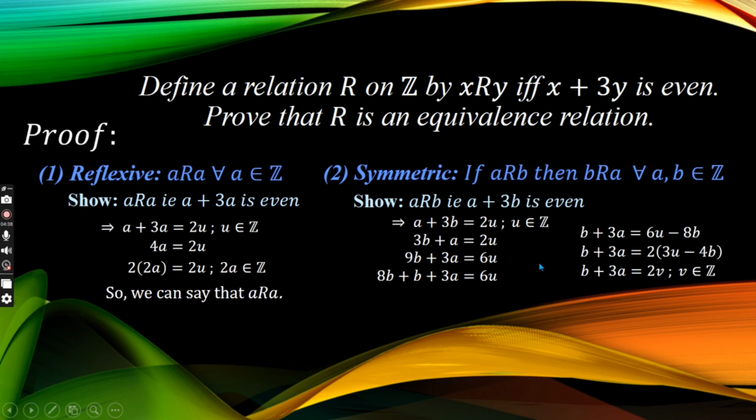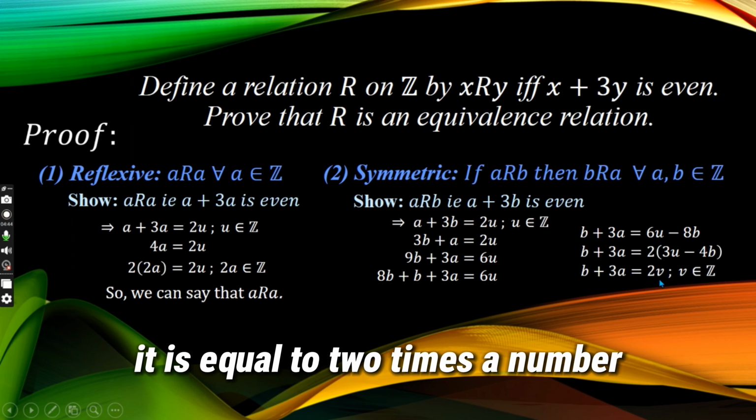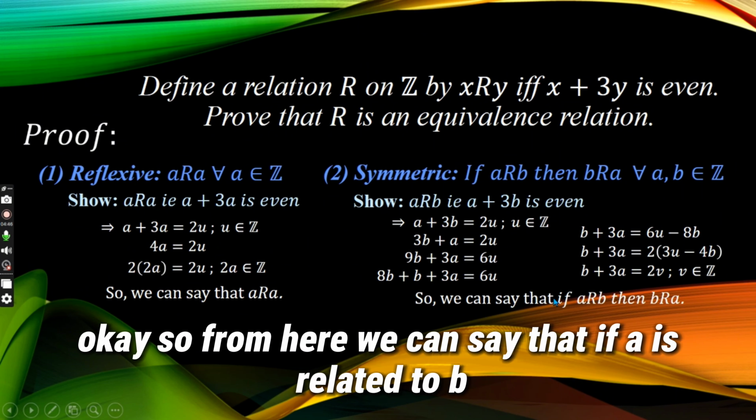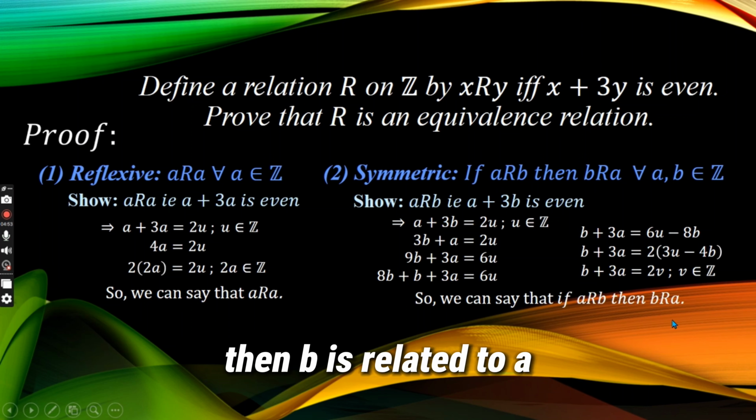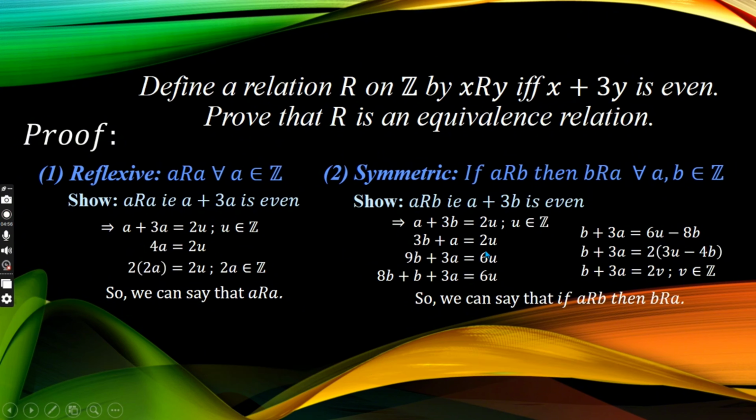It's symmetric. And we were still able to show that it is equal to 2 times a number. So from here, we can say that if a is related to b, then b is related to a. So we're done with the second property.